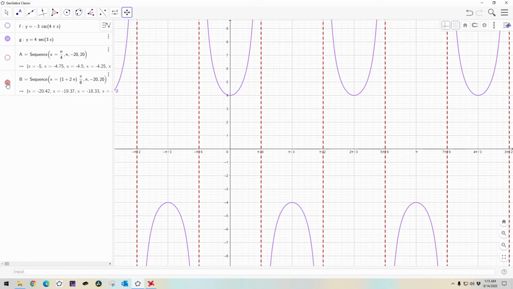And then here are my asymptotes. And I numbered it by doing the 1 plus 2n times pi over 6 there. Again, the amplitude was 4, so you can see it peaks out at the 4 and -4 marks. And it does actually start at the top like a cosine would, then goes down, then back up, then down, then back up.